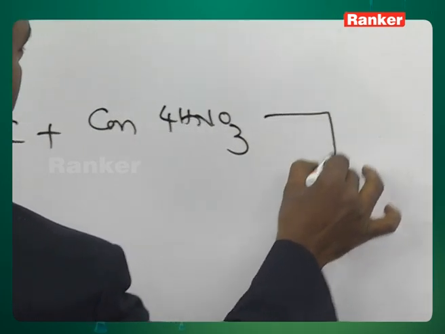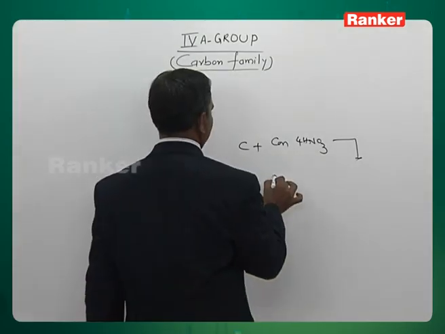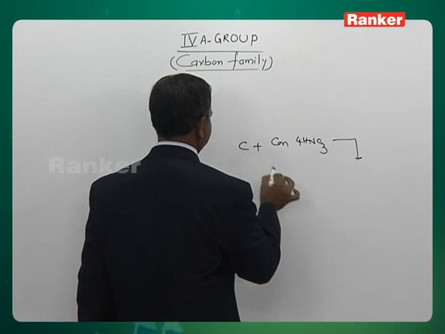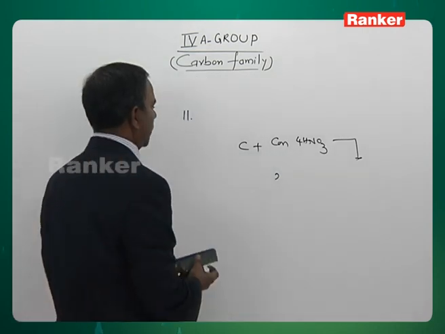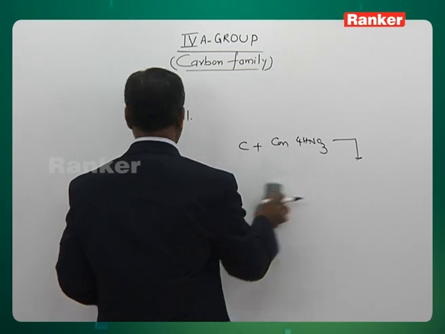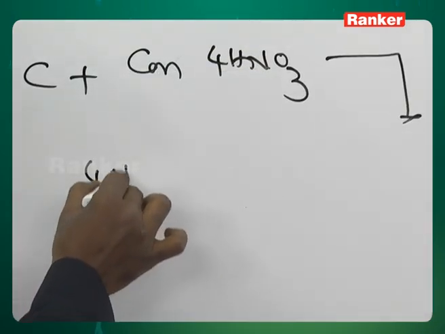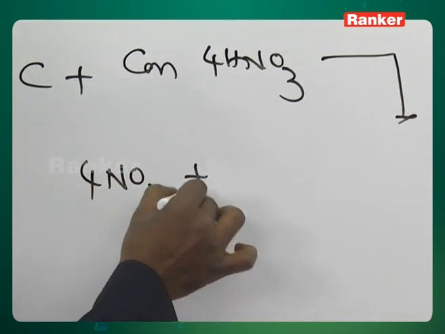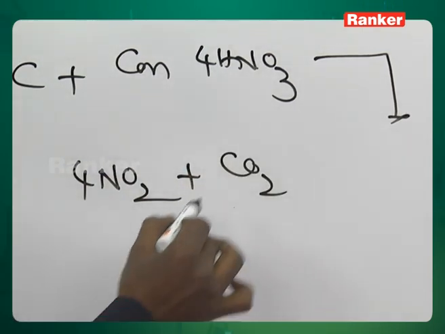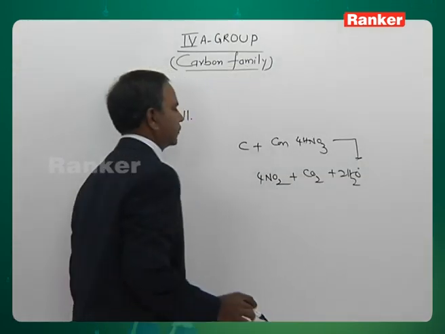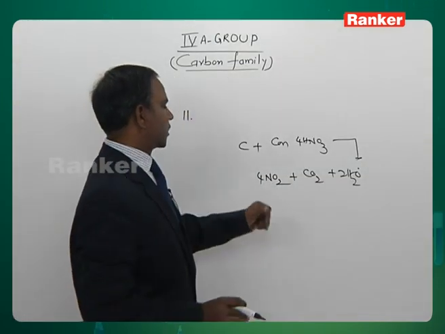Then you are getting 4NO2. Here you are getting NO2 and carbon dioxide, 4NO2 and CO2, 2H2O. So these are the products you are getting.